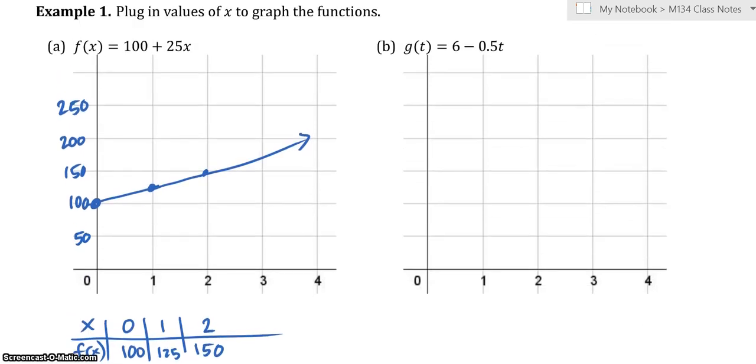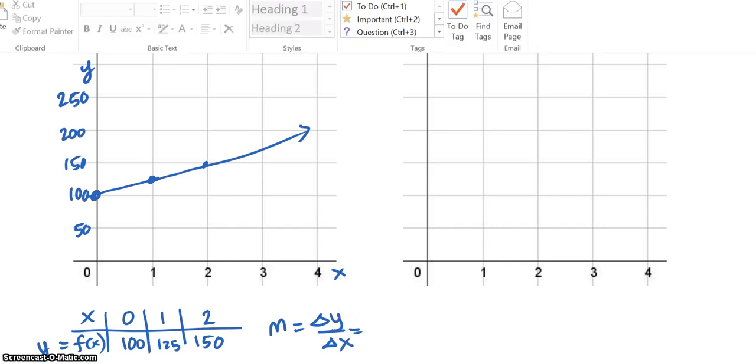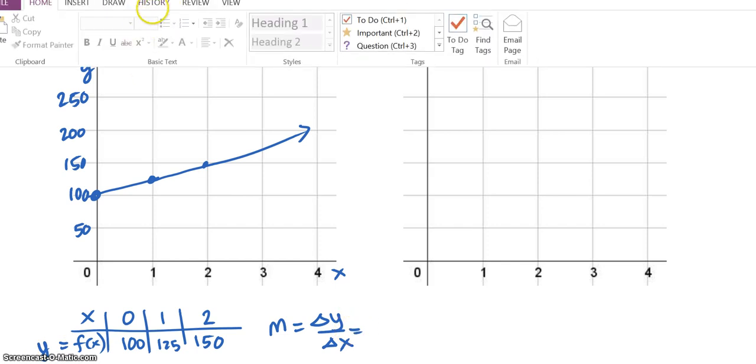Okay, I know they didn't ask for this, but let's go ahead and look at the rate of change here, the m. The m is the change of y over the change of x. And I'm going to call this my y and this my x. I'm not going to pick that 125 since it's not right on the grid.